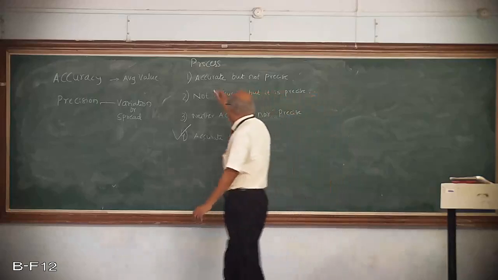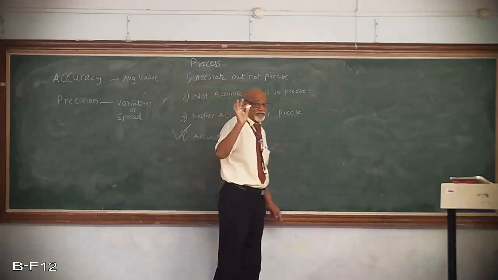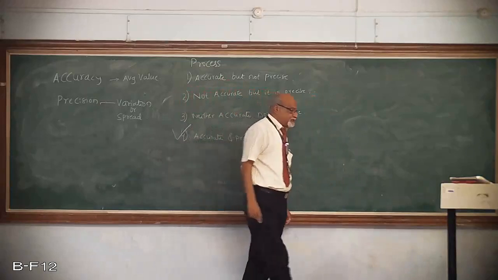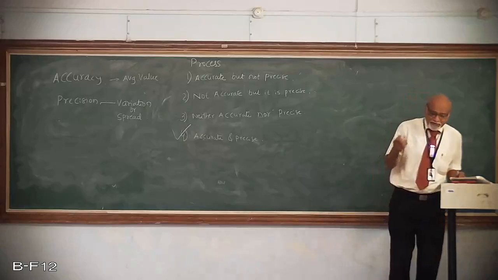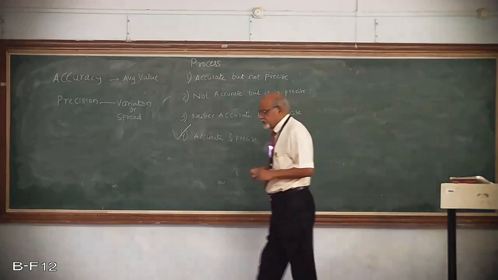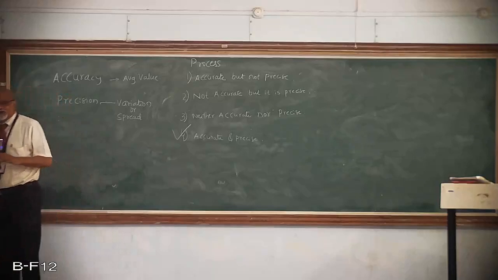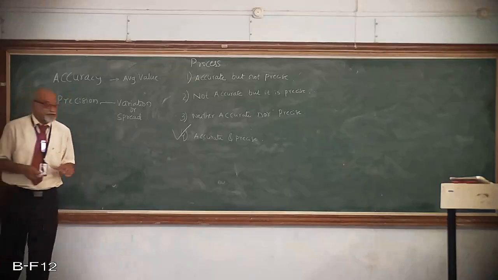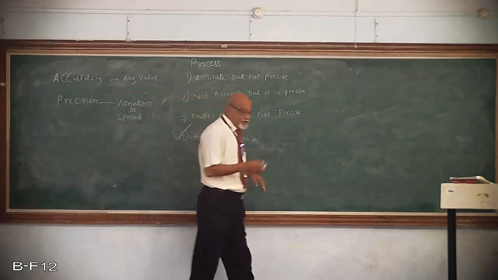So let us take accurate but not precise with the help of one example. Suppose two people, because usually to understand it I can take the example of cricket. That is what I was trying to give you yesterday, consistency, because in place of precise I was telling consistency, and average value another way.